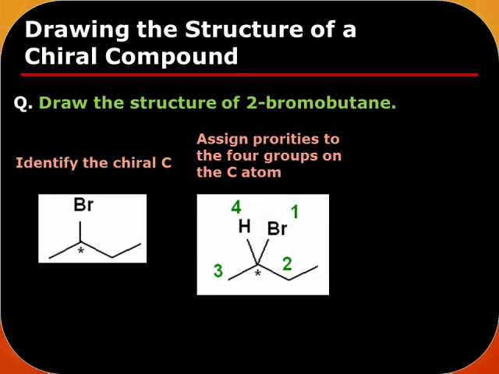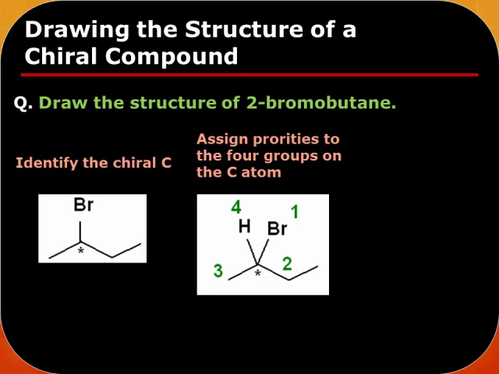The heavier group should have the first priority. Here the bromine being heavier and another functional group, so it will have the first priority. And the second and third both have the carbon compounds, right? Carbon groups or alkyl groups.